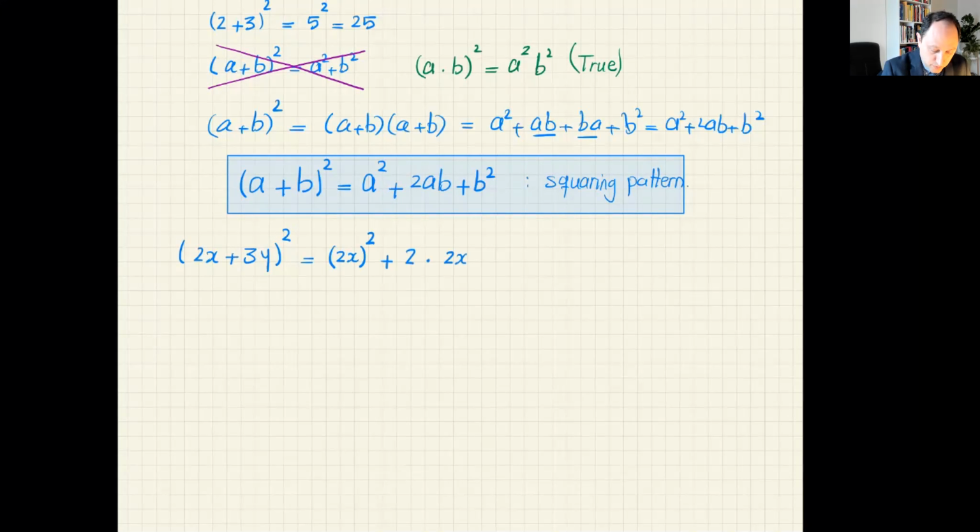So I don't need to put brackets. All of them are products. So multiply it by the second one. Yes. So here, this one is the first one. This one is the second one. The first one to the power of 2, 2 times the first one times the second one, plus the second one to power 2.